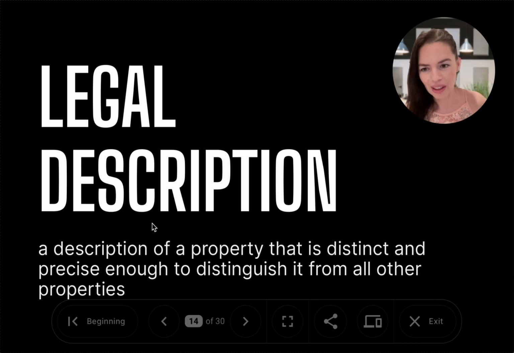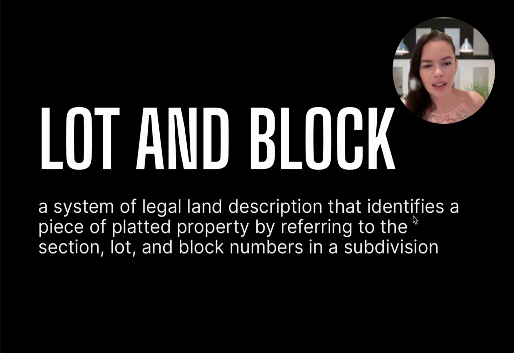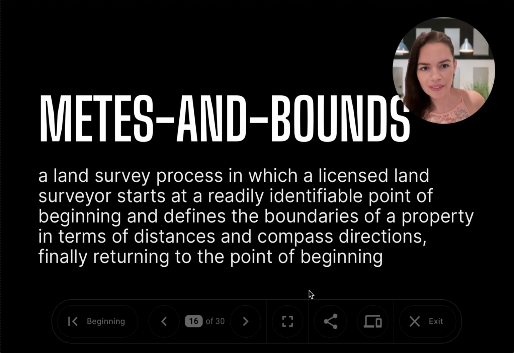Legal description. A description of a property that is distinct and precise enough to distinguish it from all other properties. Lot and block. A system of legal land description that identifies a piece of platted property by referring to the section, lot, and block numbers in a subdivision. Metes and bounds.